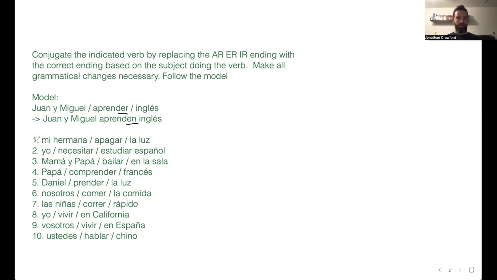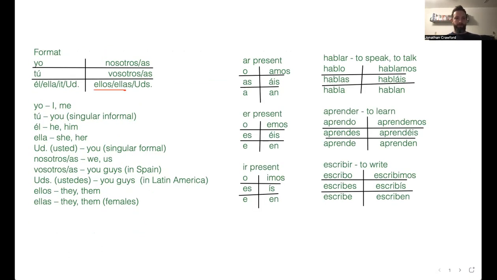All right, so what's number one going to be? Mi hermana apagar la luz. So who's doing it? It says mi hermana. Mi hermana in the flashcards, as you guys can study the flashcards before or after this video, means my sister. And so which one of these from the format would replace my sister?